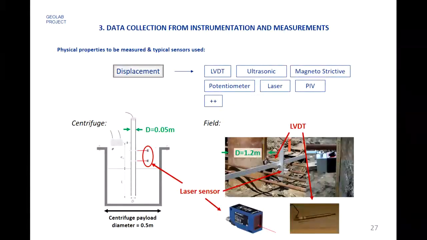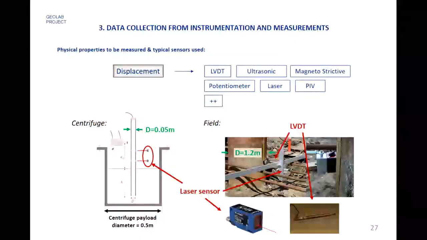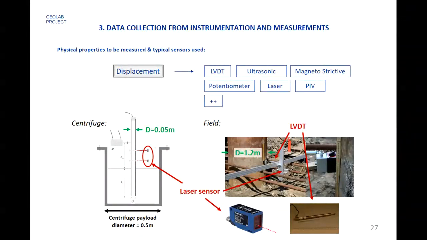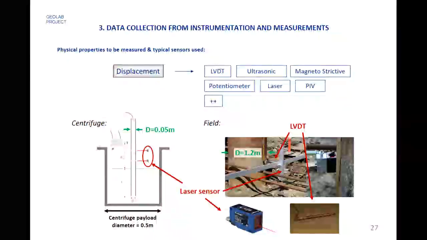So there are plenty of different techniques used. The trend also is to use non-contact sensors, like laser sensors, more and more, because they are cheaper than they were in the past. And also they disturb the phenomenon less, especially if the force is reduced. So the laser applies no force on the structure.